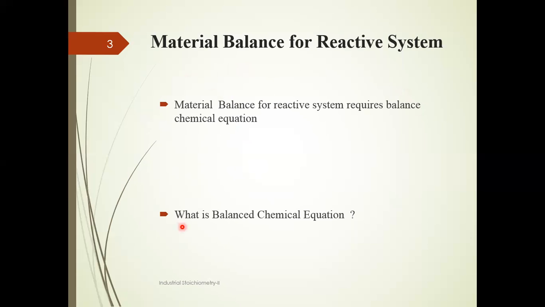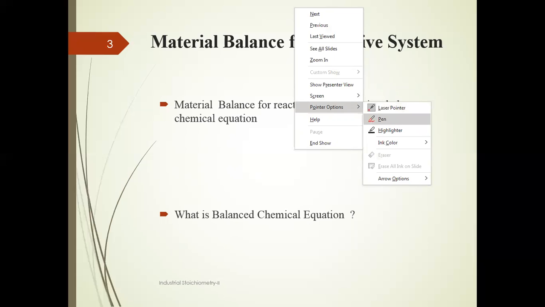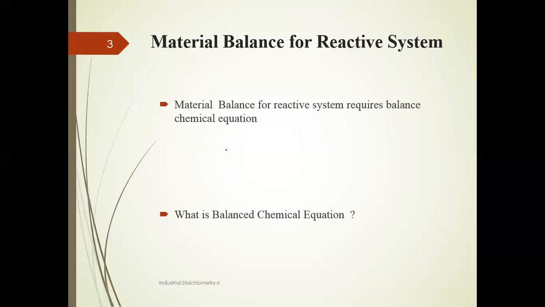So what is a balanced chemical equation? An equation which has balanced stoichiometric coefficients. Let's suppose an example: carbon and oxygen react with each other and form carbon dioxide.